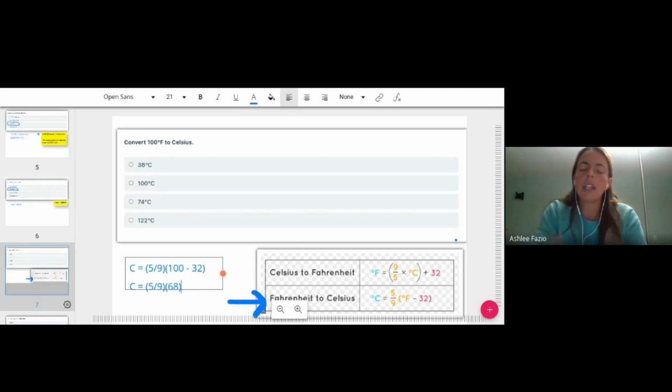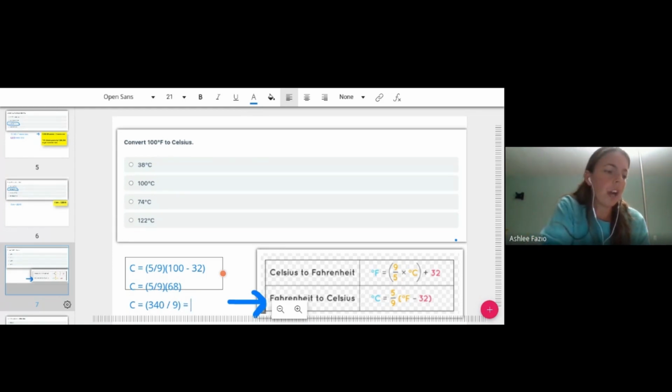And for me, again, I'm always just plugging this in my calculator because it's quicker, and I don't have to worry about human error, especially when we're thinking about taking a timed test, and that can be stressful. So now we basically just have to figure out, how do I do 5/9 times 68? One quick tip here is just to do 5 times 68 and then divide it by 9, especially when we're trying to use our calculator as much as we can to help us. 5 times 68 would be 340, and then I can just divide by 9.